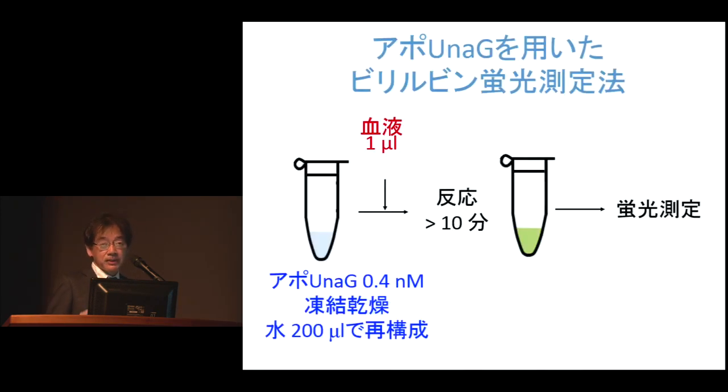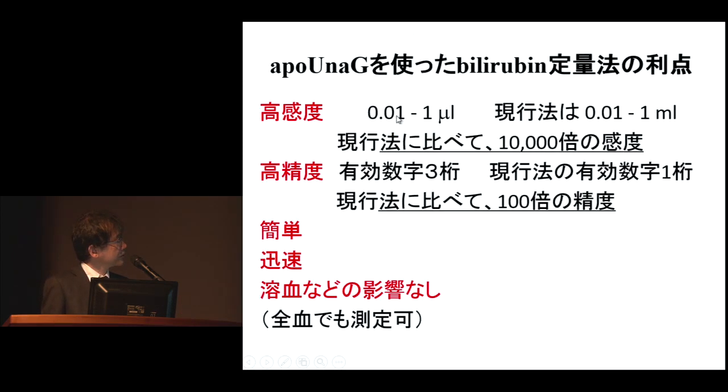To make a long story short, we generated a fluorometric method for bilirubin measurement, just using our apo-unagi protein expressed in bacteria. This is highly sensitive, precise, simple and rapid. For example, our method is 10,000 times more sensitive than the current method.